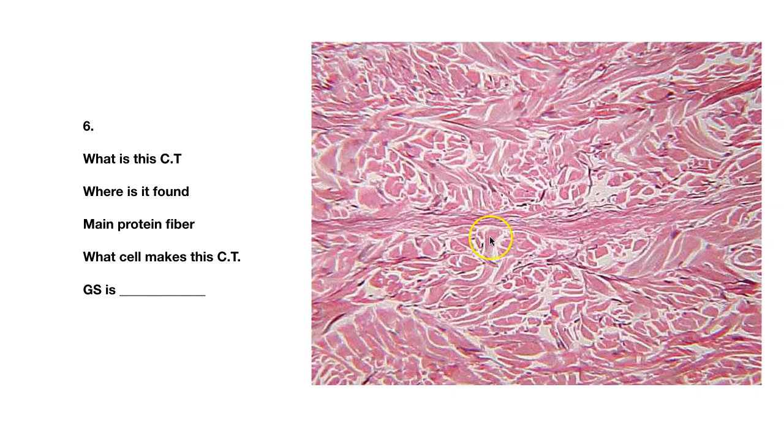Now, these protein fibers here, these big fat ones here, what is the main protein fiber that you are actually seeing in this connective tissue? Next, what cell is making this connective tissue?